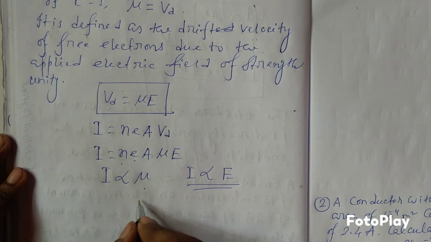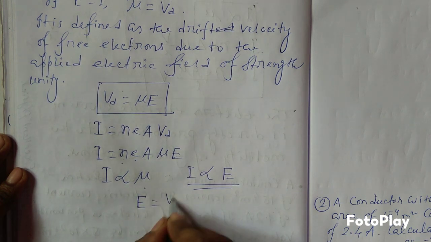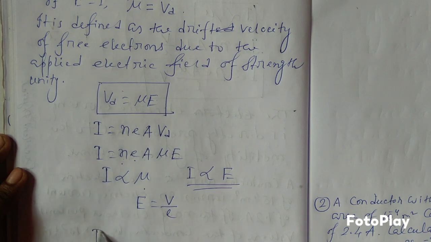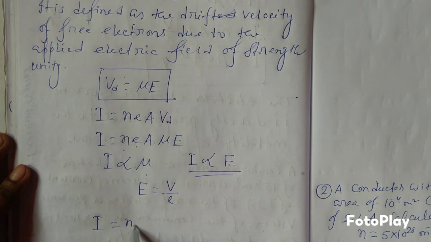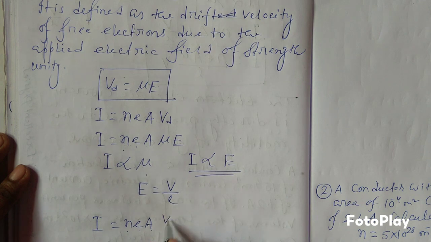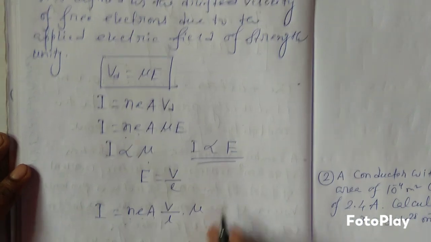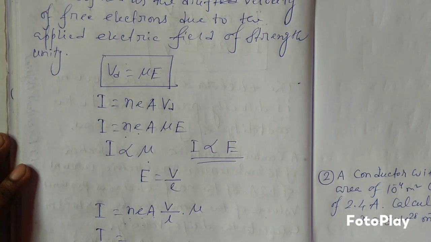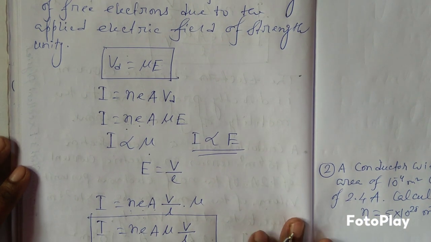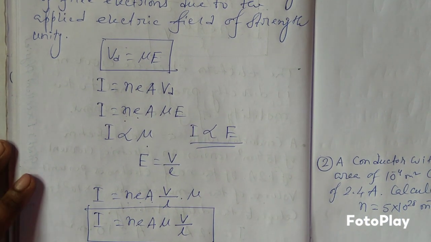Now we know that E equal to V by L. So I equals NEA mu into V by L. So we can write NEA mu, that is V by L. This is the relation of mobility with current.